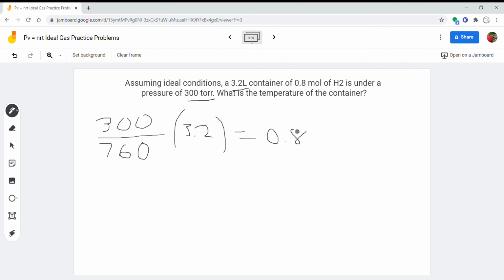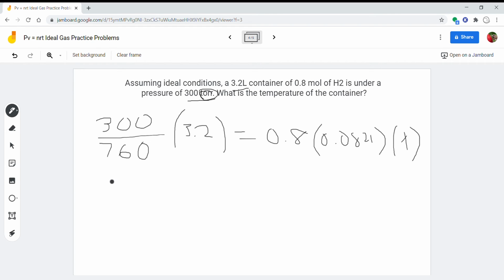We have our moles, and here don't get fooled, even though it says torr here, because I converted it into atm, I will still be using the gas constant 0.0821, multiplied by T, which will be the temperature.